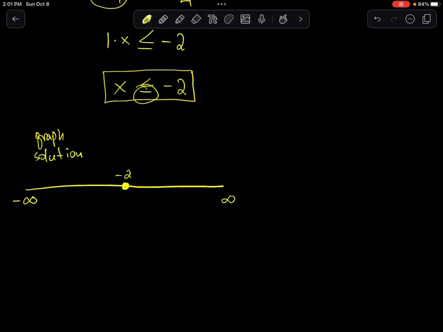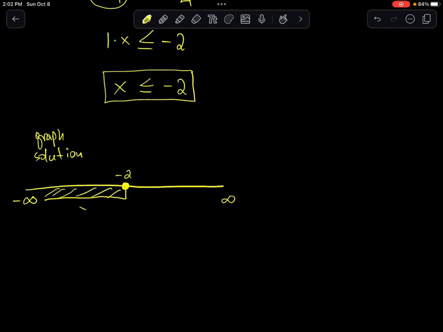If it could not be equal, I would put a circle to indicate that this number is missing. There is a hole there. There is a number missing in the number line. But here it can be equal, so I will emphasize with a solid dot. And then x is less than negative 2. That means it's to the left.